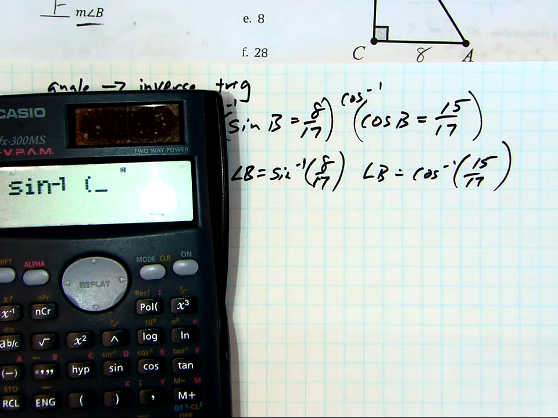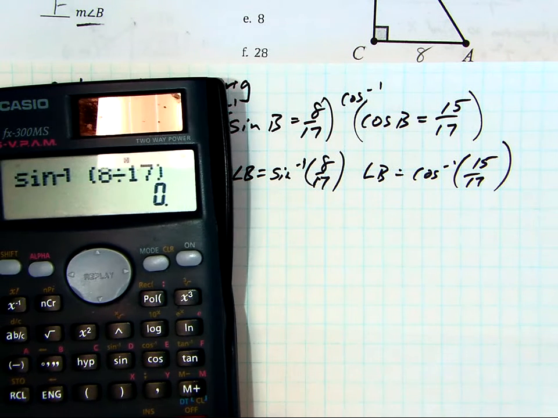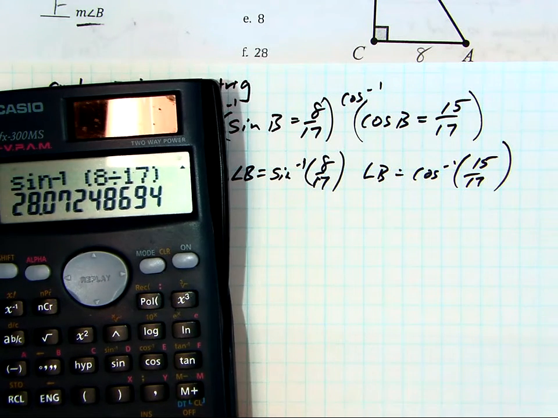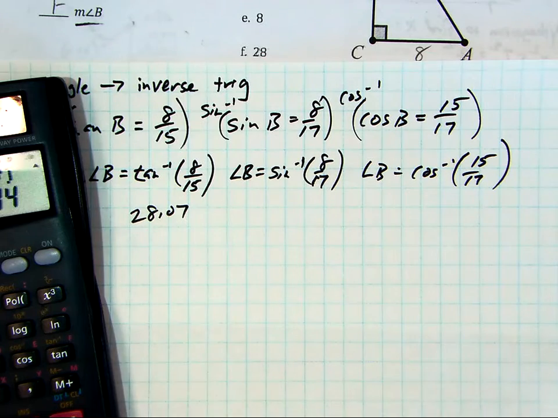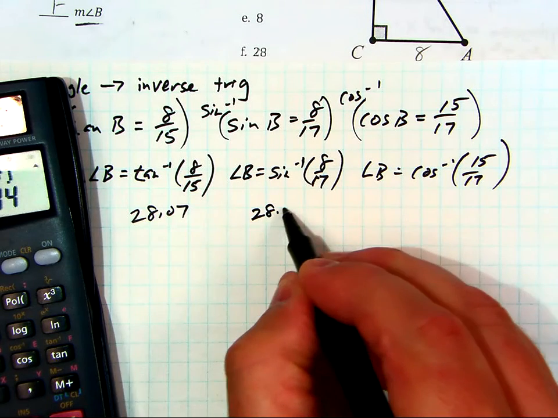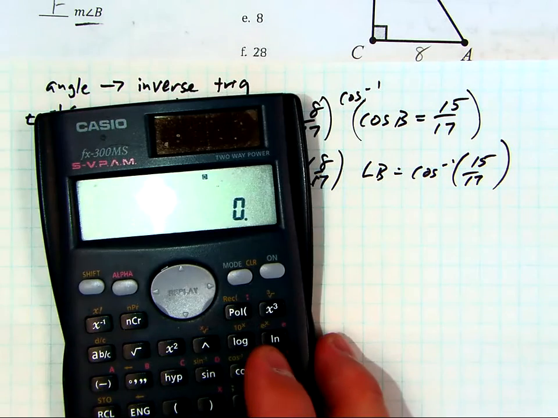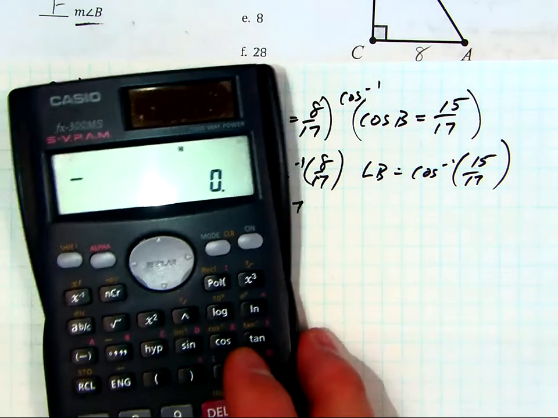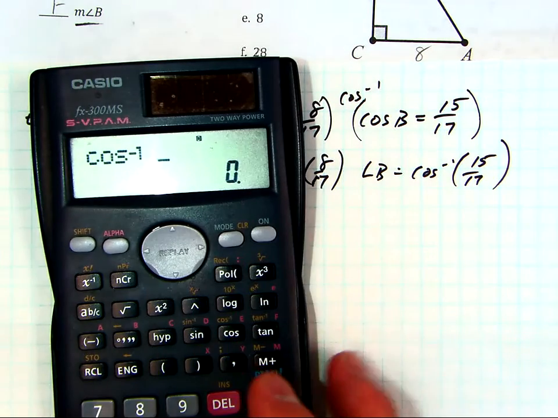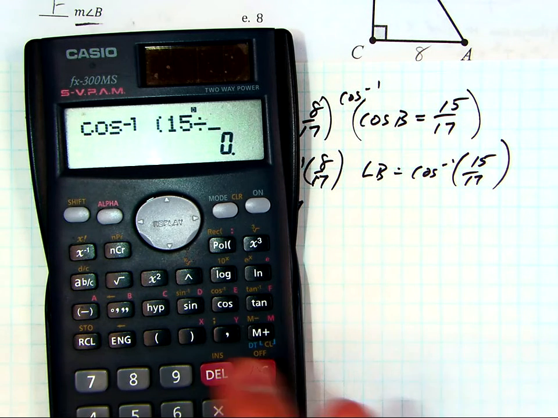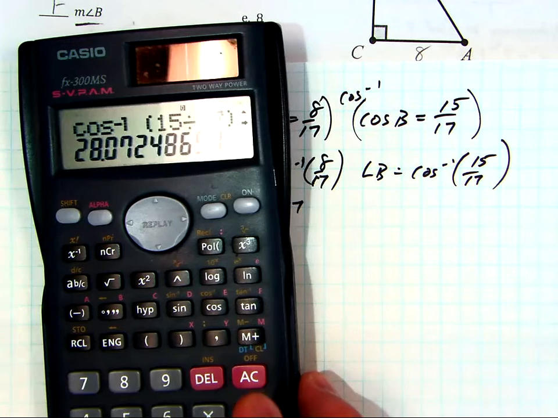Remember to use parentheses if you can. .07. Did anybody find anything different on the cosine one? .07.